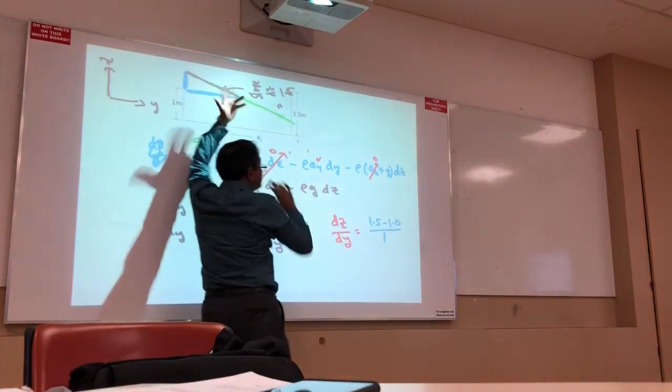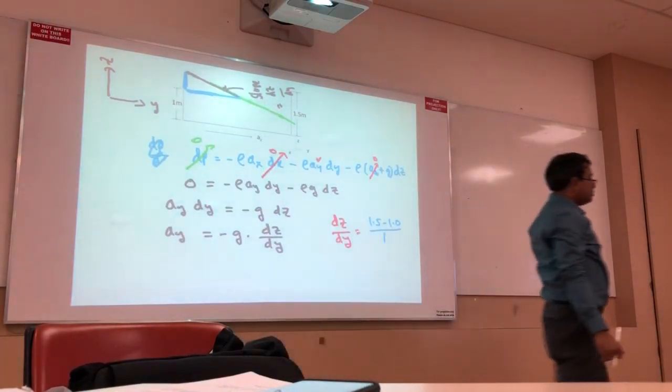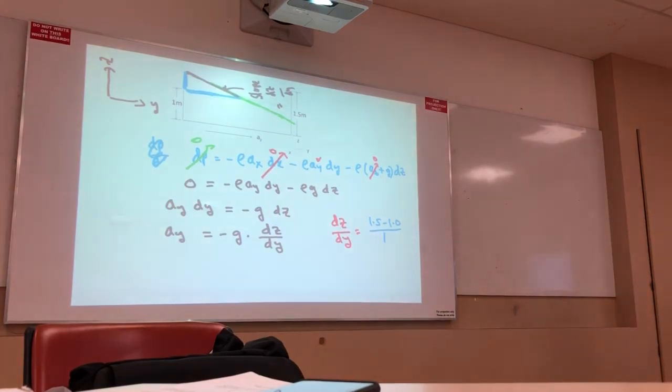Definitely here is 1 meter. Done. So is the slope positive or negative? Negative. It's going down, so the slope should be negative. So the value is minus 0.5.